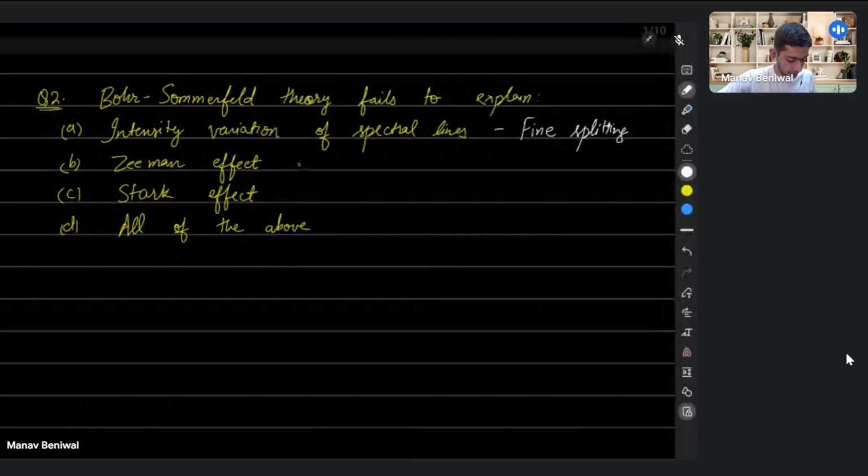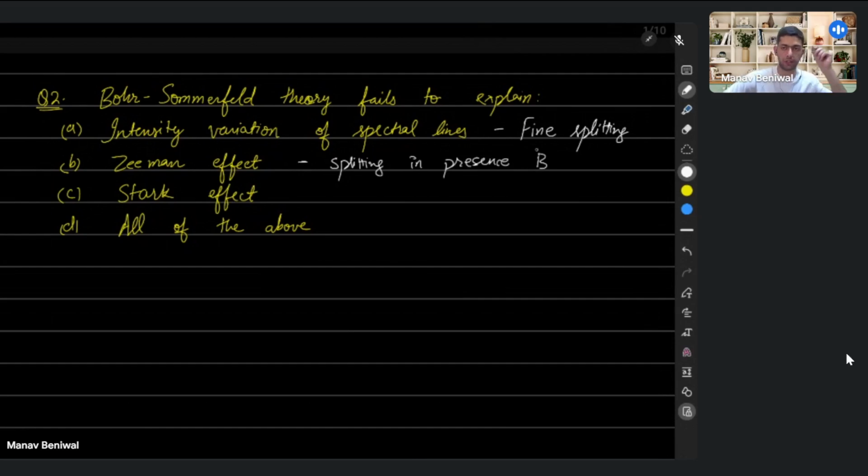What is the Zeeman effect? The Zeeman effect is splitting of spectral lines in the presence of a magnetic field. When you apply a magnetic field to your system, let's say a hydrogen atom, the spectral lines we are observing split further, and this phenomenon is known as the Zeeman effect.